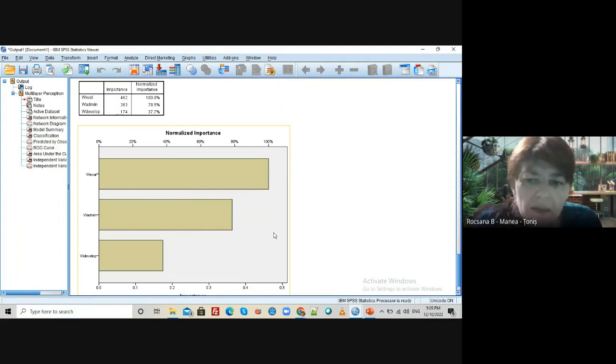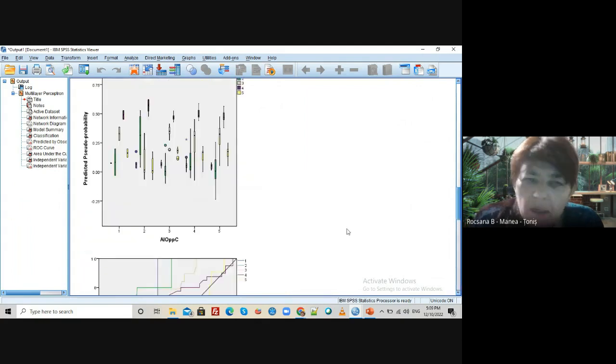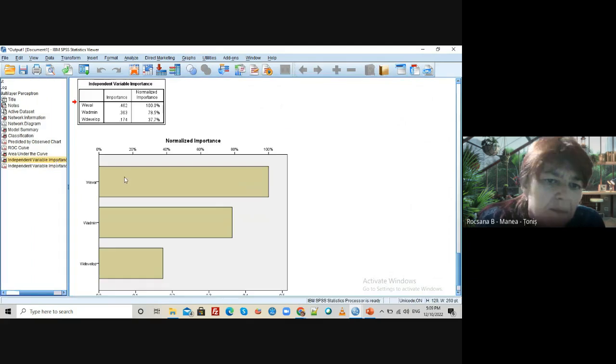And on the last place, it is important for them to use it in development of their classes, of their courses, and to participate and to develop different projects.